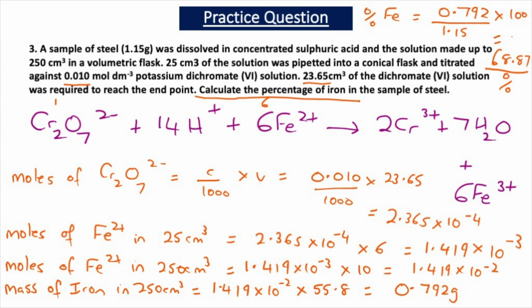Once you know the moles of Fe2+ that was present in your conical flask, you can work out what the moles of Fe2+ was in the original solution. And once you know the moles of Fe2+ in your original solution, you can work out the mass of iron present and therefore the percentage of iron present.